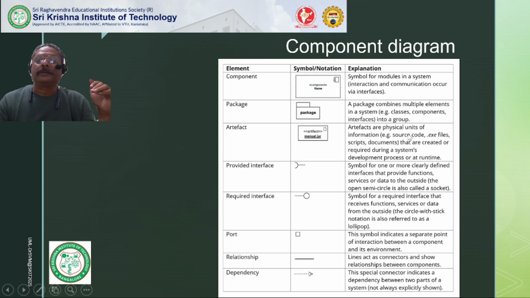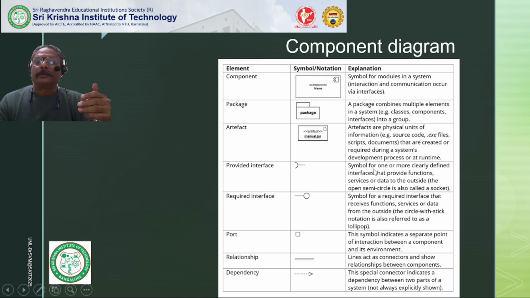Artifacts are the physical units of information, such as source code, exe files, scripts, and documents, that are created or required during a system's development process. Another symbol is for modules in a system, showing the interaction and communication across interfaces. This one is the provided interface, and this is the required interface.